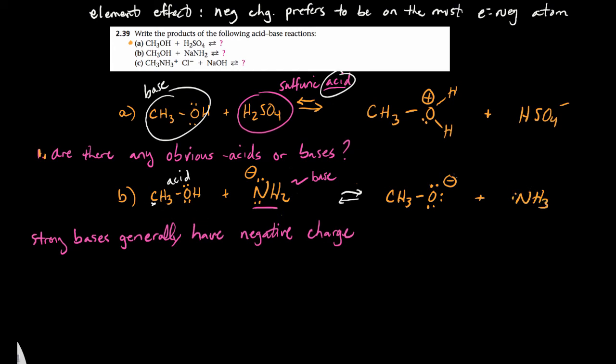So notice that we've conserved the charge here. Now we have the conjugate base with a minus charge, the conjugate base of our acid. And now this is the conjugate acid of our base.